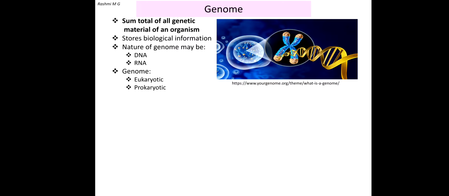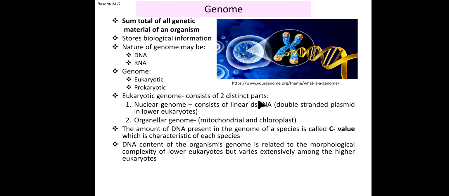Genomes vary between eukaryotes and prokaryotes, so there are two types: the eukaryotic genome and the prokaryotic genome. The eukaryotic genome consists of two distinct parts. If you imagine the eukaryotic cell, we discussed the nucleus and the organelles. Genetic material is present in the nucleus and also in the organelles. We term the genetic material present in organelles other than the nucleus the extranuclear genetic material.